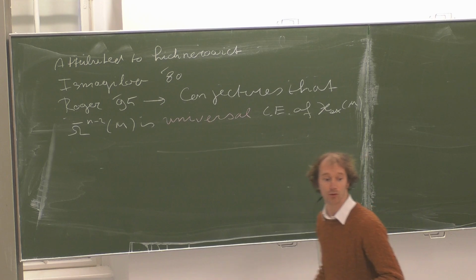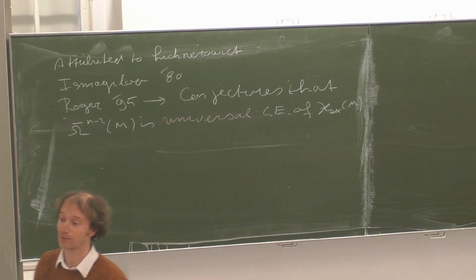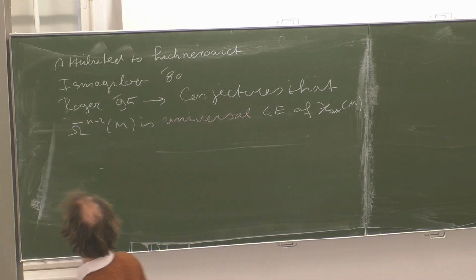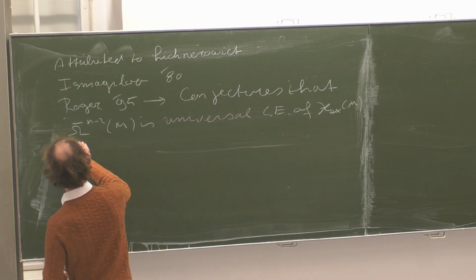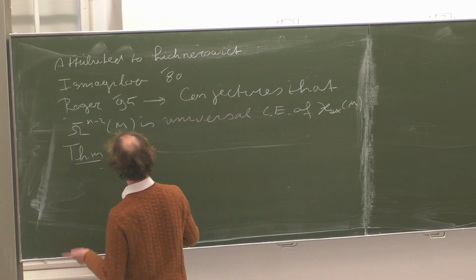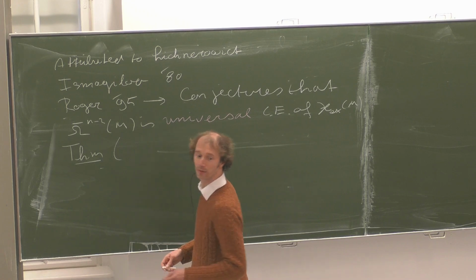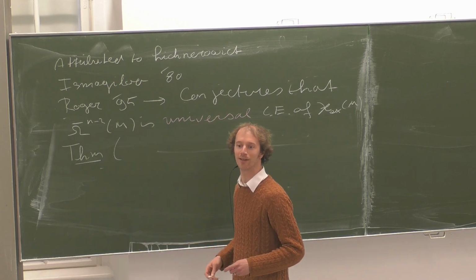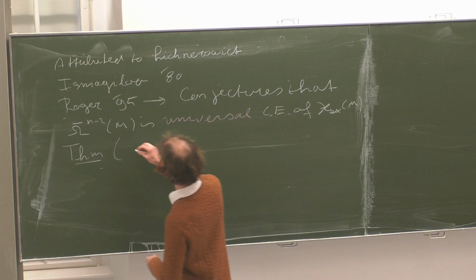So I suppose what I want to talk about for most of this talk is that this is actually true. This is joint work with Leonid Ryvkin and with Cornelia Vizman.